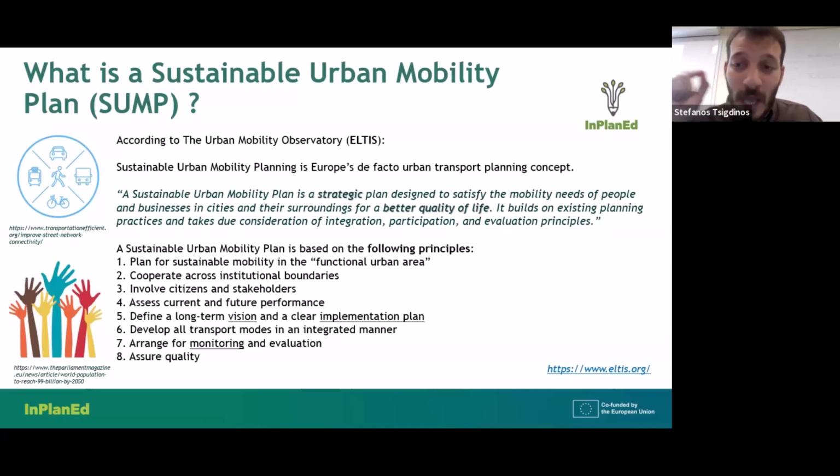But now SUMPs take a strategic approach that reflects both motorized and active movement. So we arrange our plans and then we assure their quality with some evaluation metrics and indicators.